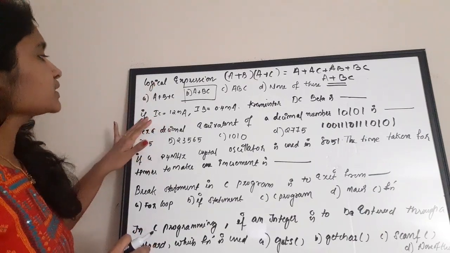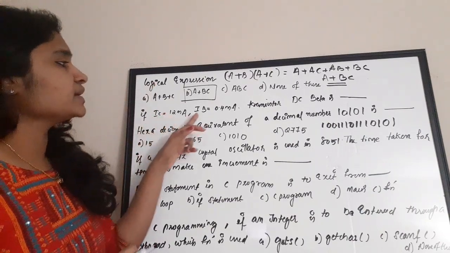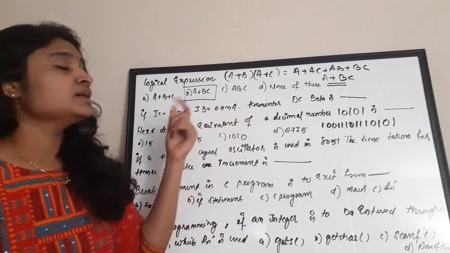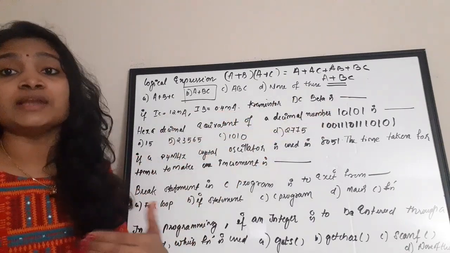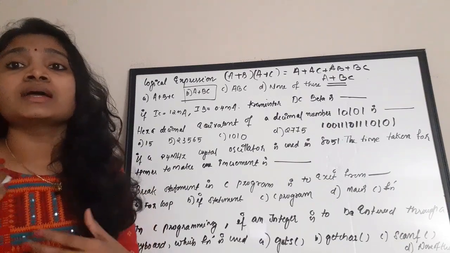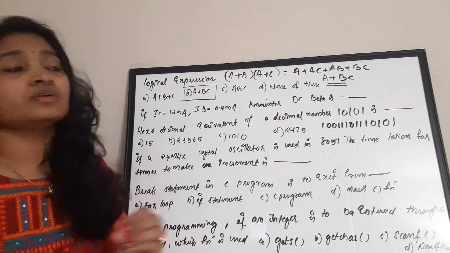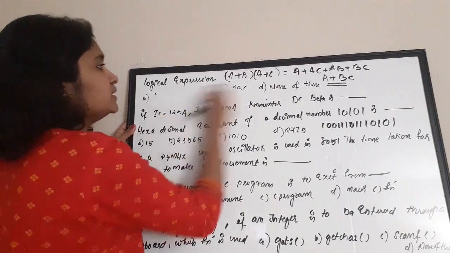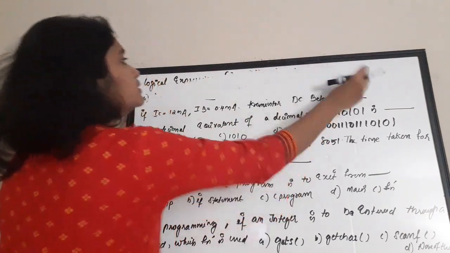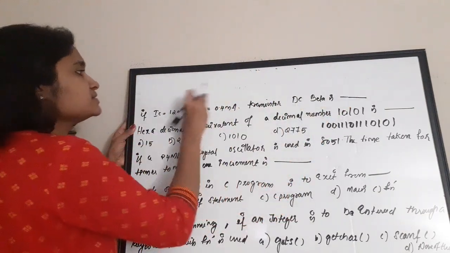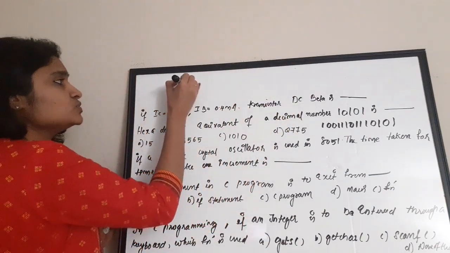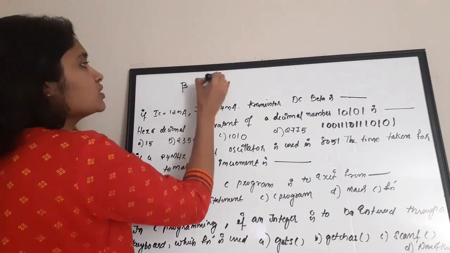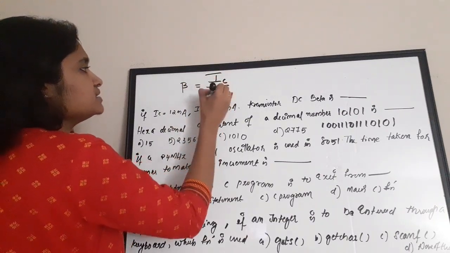Next question: if IC is equal to 12 milliampere and IB is equal to 0.4 milliampere, the transistor DC beta is dash. That is, we need to find the value of beta, the current gain in common emitter configuration. We have discussed in various videos that beta, the common emitter current gain, is IC by IB.